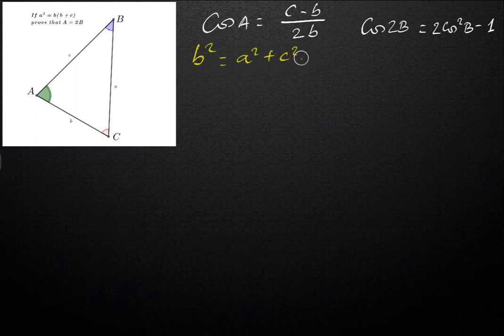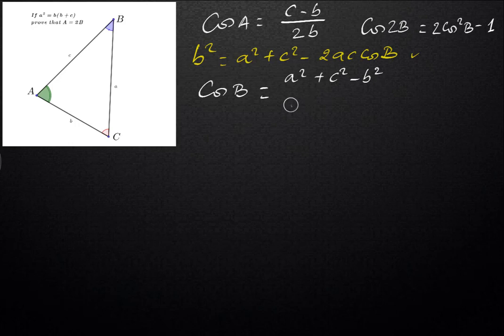But we know that from Al-Kashi that b squared is equal to a squared plus c squared minus 2ac cosine angle B. So we can pull out cosine angle B the same way we did for cosine angle A. Say cosine angle B is equal to a squared plus c squared minus b squared all over the quantity 2ac.